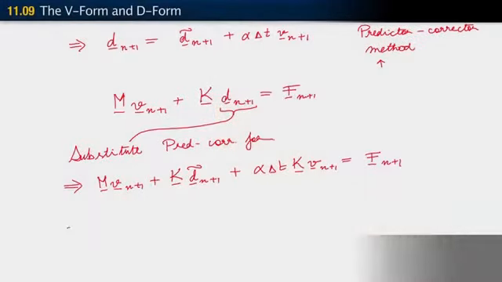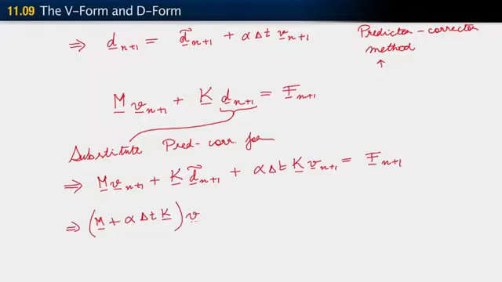So we get here, this implies m plus alpha delta t k Vn plus 1 equals f n plus 1 minus k d tilde at n plus 1.